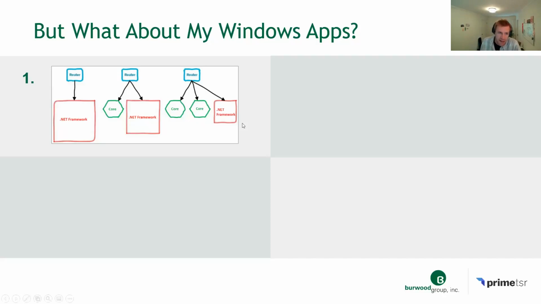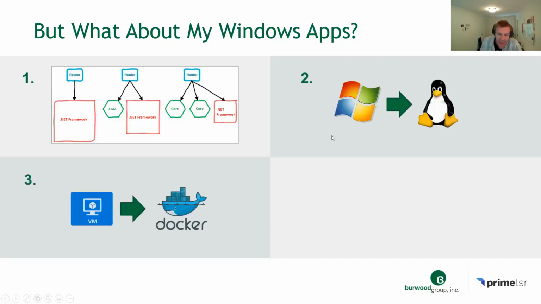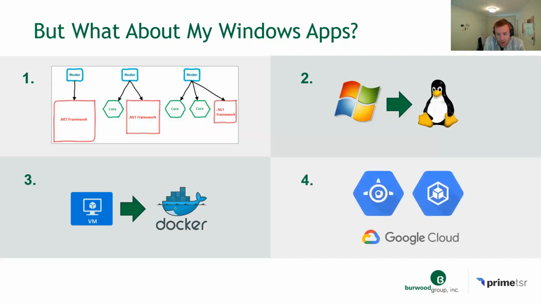The next one would be, now that you're building them in .NET Core, you can start running them on Linux. And now that you're running them on Linux, there's a whole world of capabilities for us in the way of containers and starting to build them into containers. So there's no reason not to just jump straight from .NET Core into running Linux-based workloads on containers. And now that you've containerized them, we can start running them on GKE, start running them on App Engine.